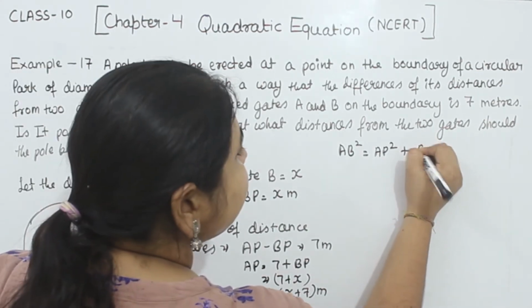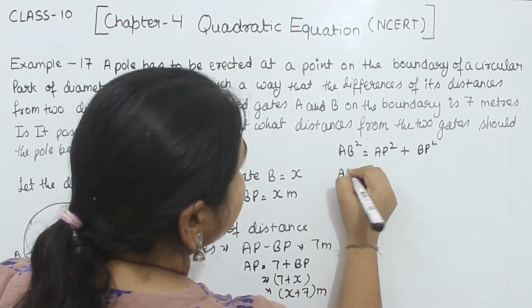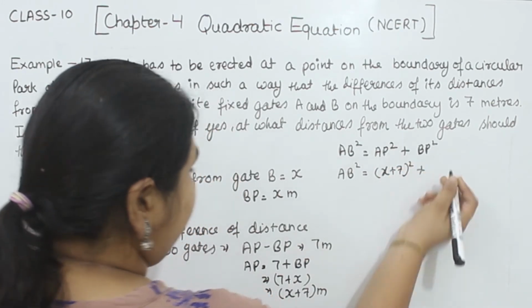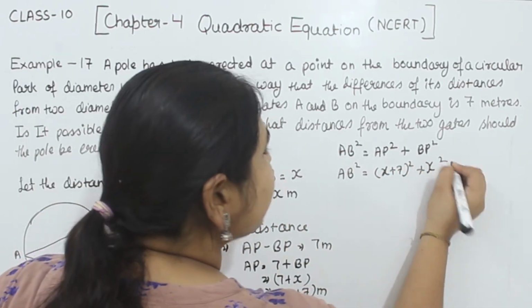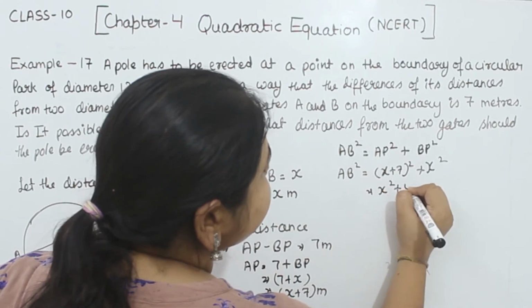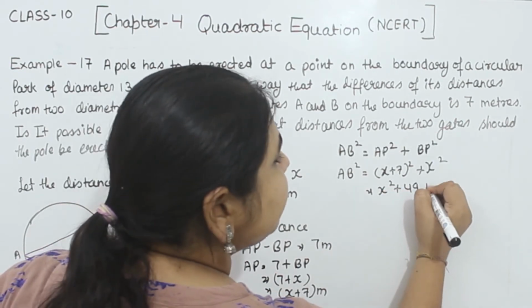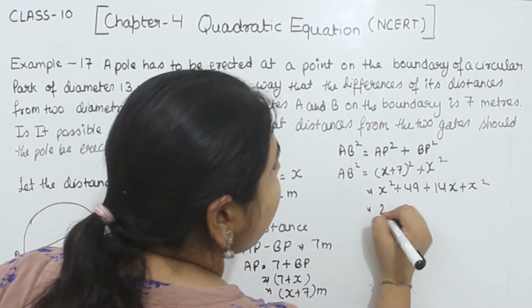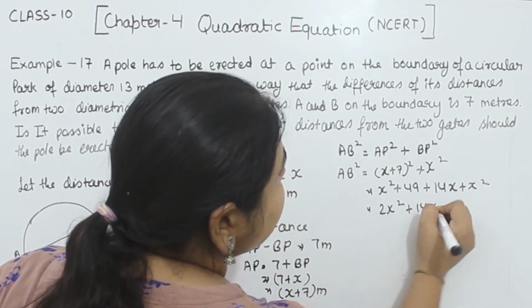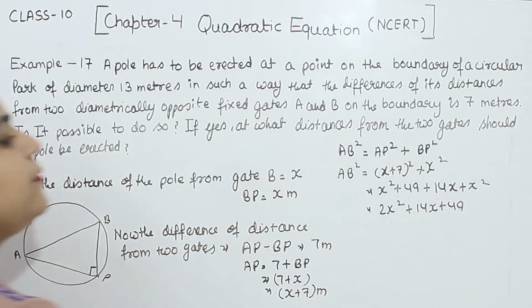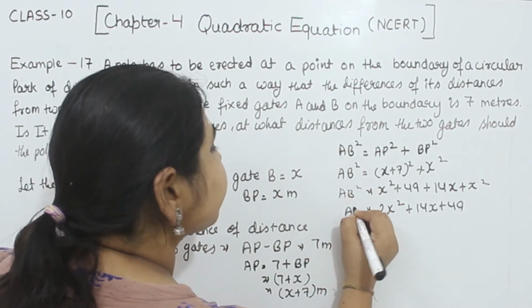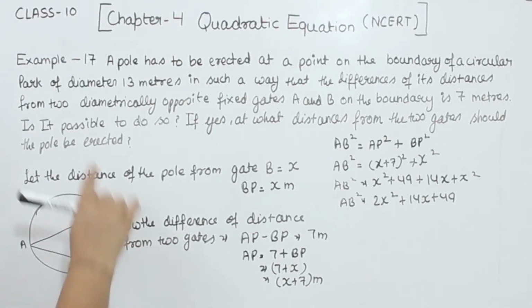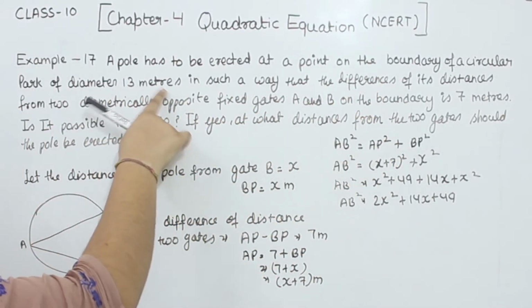So AB square equals (x plus 7) square plus x square. Solving, a square plus b square plus 2ab gives 49 plus 14x plus x square, so we get 2x square plus 14x plus 49, which equals AB square. Now AB is 13 meters.